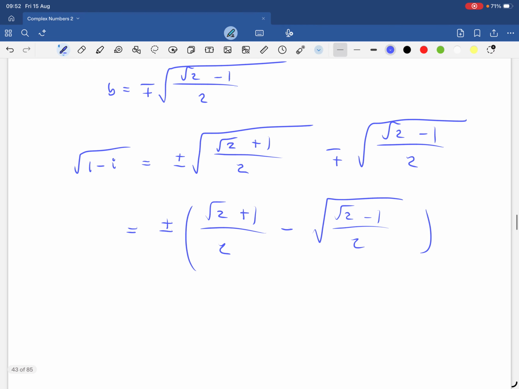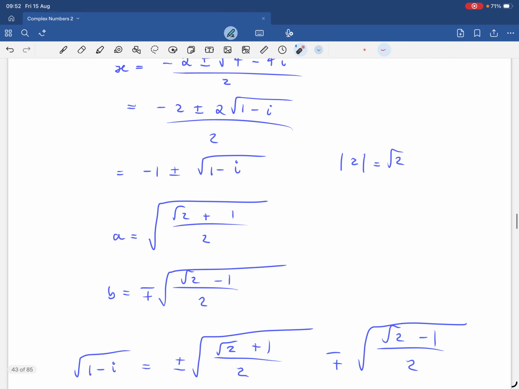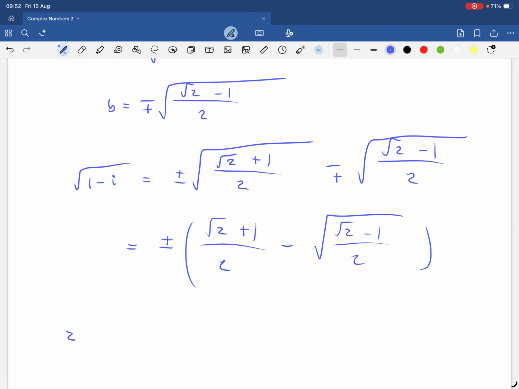And then if we actually solve this equation, we originally had this, and we're going to replace our square root with what we figured it out to be. So z is minus 1 plus or minus the square root, plus or minus root (root 2 plus 1) over 2 minus i times the big square root of (root 2 minus 1) on 2.